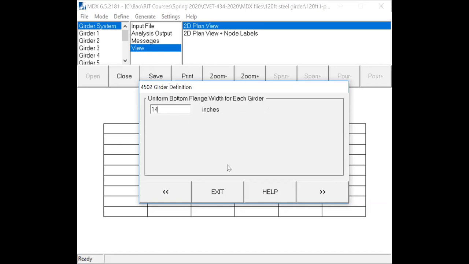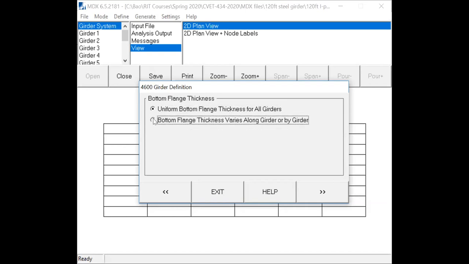Okay. And then the bottom flange thickness. Since I will change the thickness along the girder, I will choose the bottom flange thickness varies along the girder or by girder.